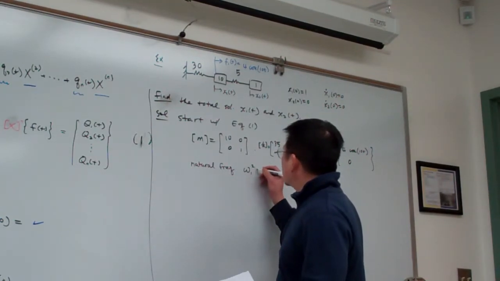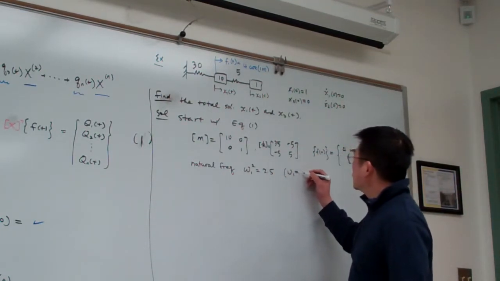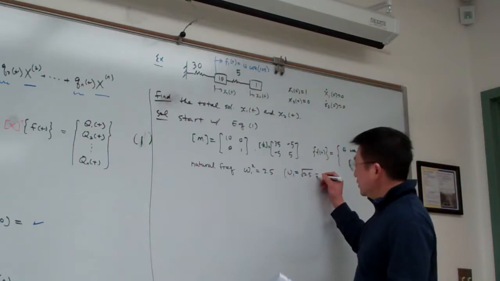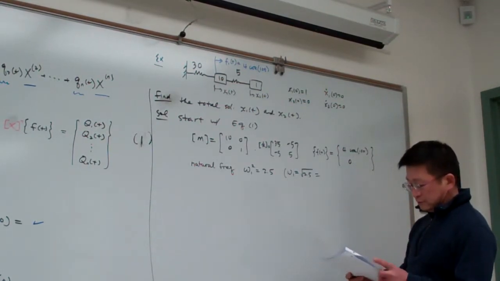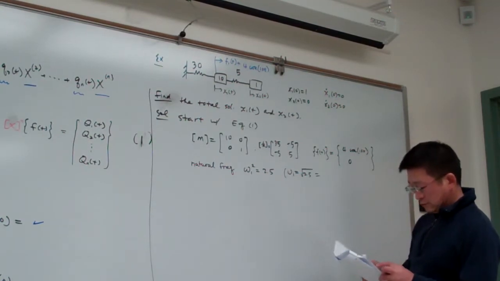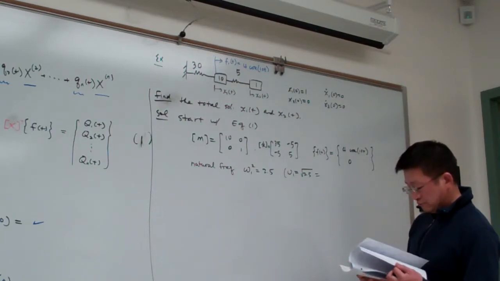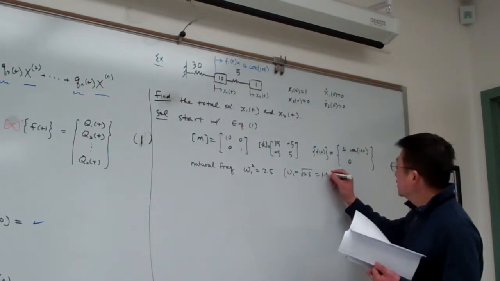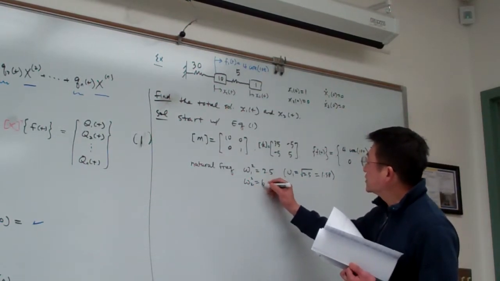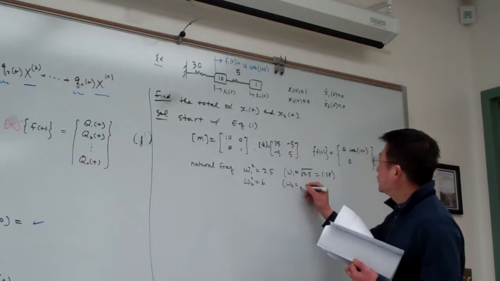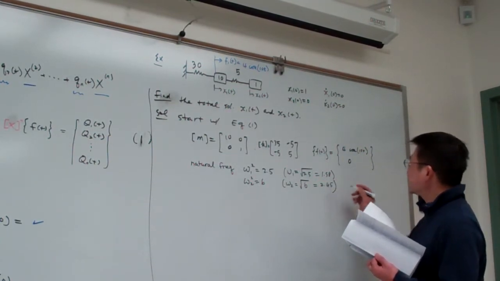So omega 1 squared equal to 2.5, that means omega 1 equal to 1.58, and omega 2 squared equal to 6, so omega 2 equal to 2.45.